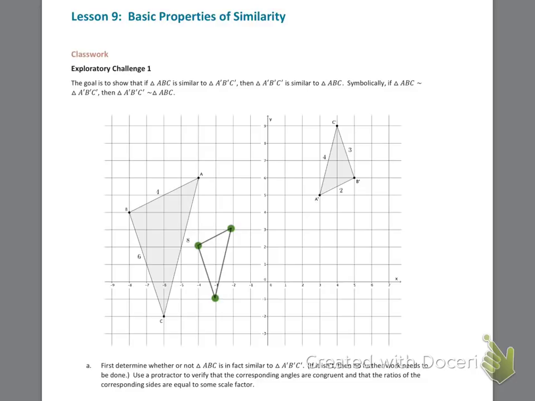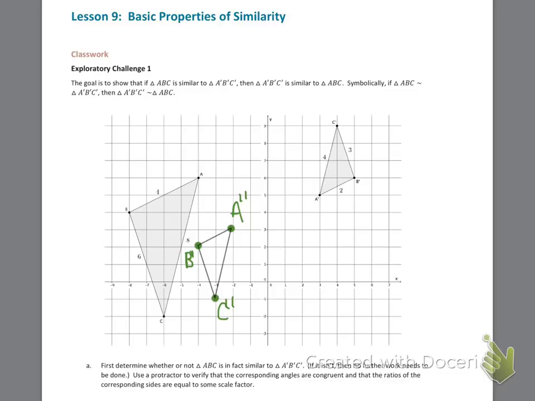Okay, so now that I've done the dilation, I'm going to translate this triangle because I want to match one of the vertices up. So this is A, we can call it double prime, I guess. And this one is C, and this is our B right here. So what I'm going to do is translate and get one of the vertices to match up.